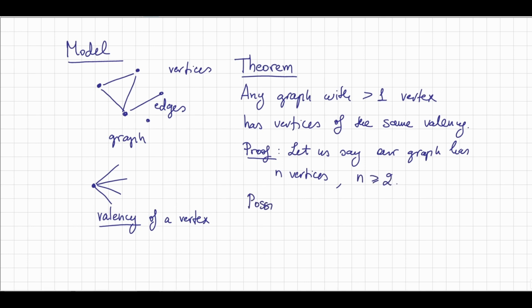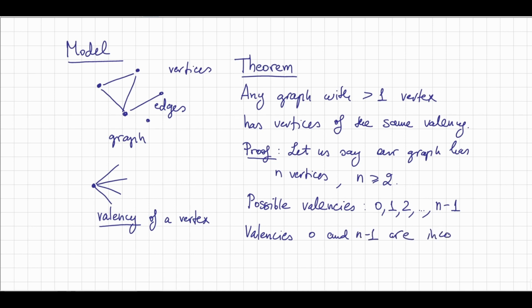Now, just as we said before, possible valencies of vertices are 0, 1, 2, and so on up to n minus 1. And now, just as before, we can notice that having valencies 0 and n minus 1 is incompatible.